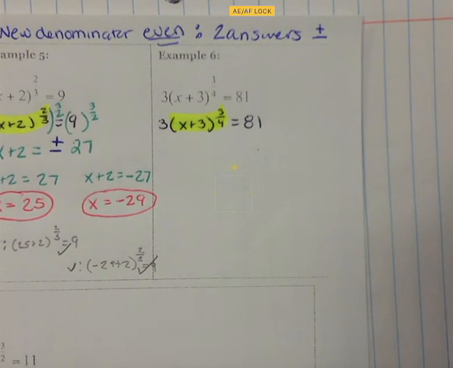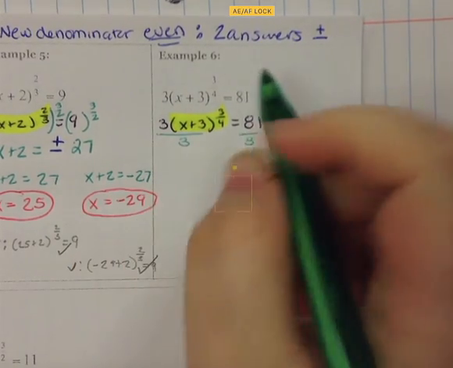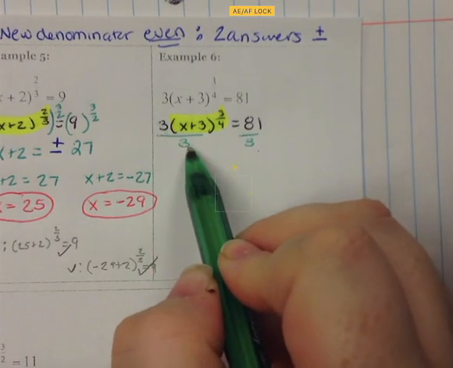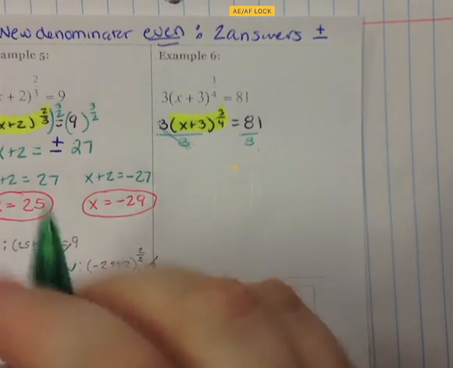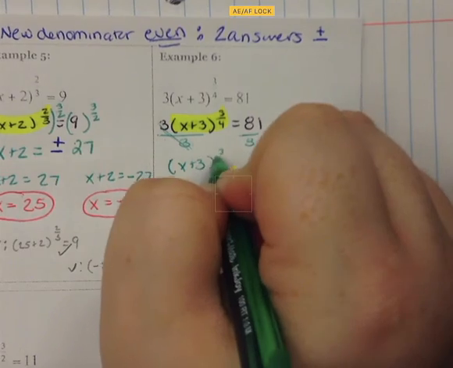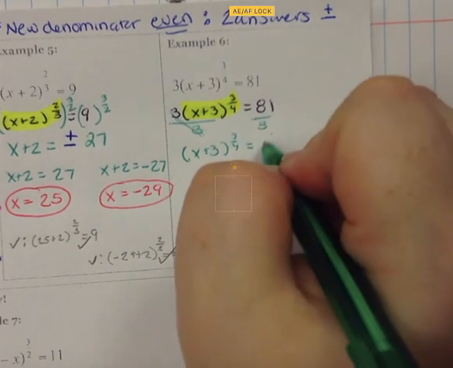So we're actually going to divide everything by 3. Now again, when you divide by 3, the 3 on the outside is what actually will divide. You can't touch the inside of the parentheses because it's inside the parentheses. So we have x plus 3 raised to the 3/4 equals 81 divided by 3 is 27.